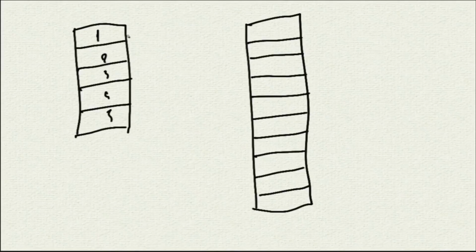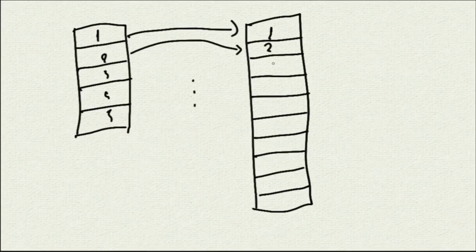Then I'm going to copy the number 1 to here, number 2 to here, and so on, so that I have 3, 4, and 5 here. And I have spaces for 1, 2, 3, 4, 5 more. So the idea is to do that.